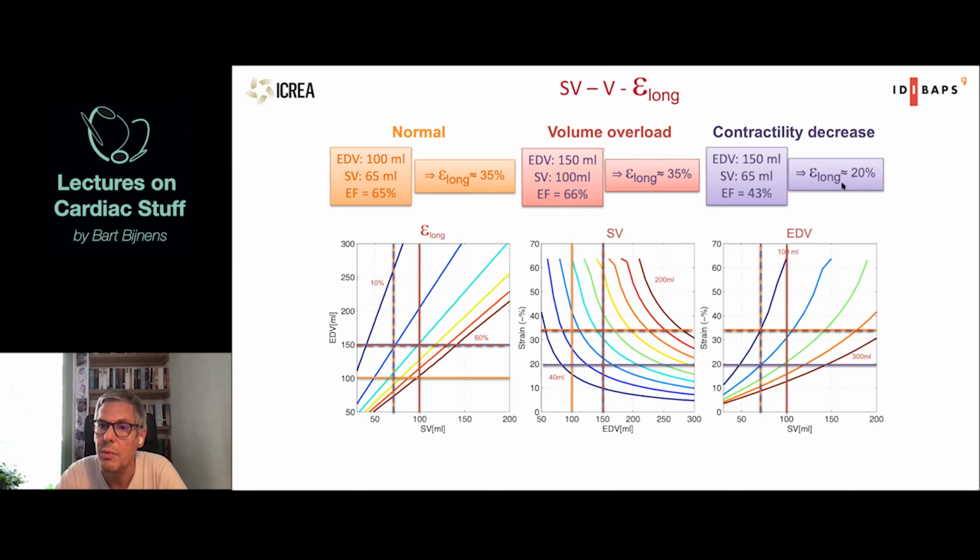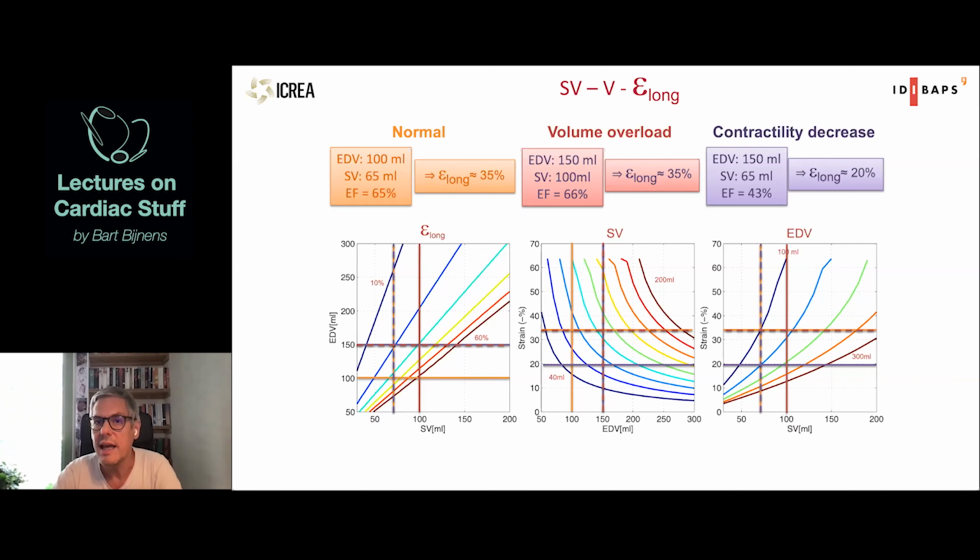Similarly, if you would have a problem with the deformation, so your deformation would be down, you have some tissue damage, you have some ischemia, what you will see then is that by dilating, you can actually maintain the normal stroke volume. What you see now, of course, also is that the ejection fraction can go down. So the ejection fraction and strain are related.